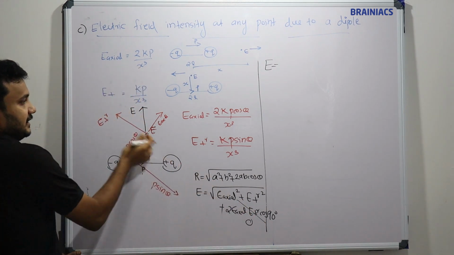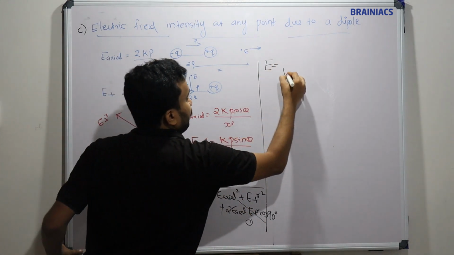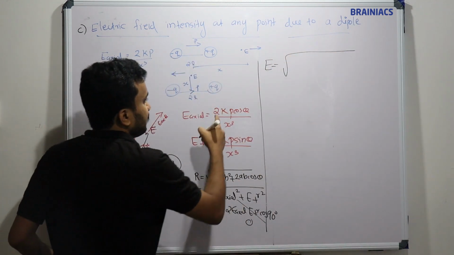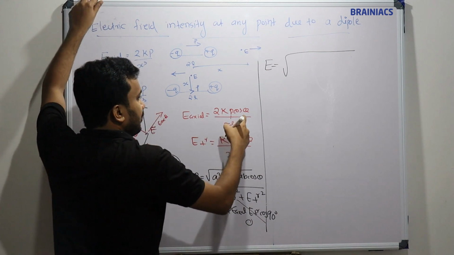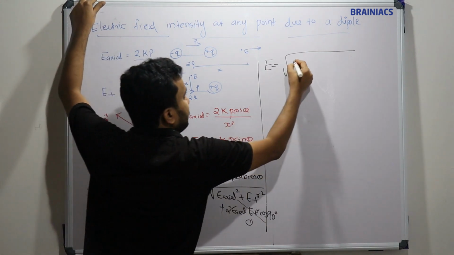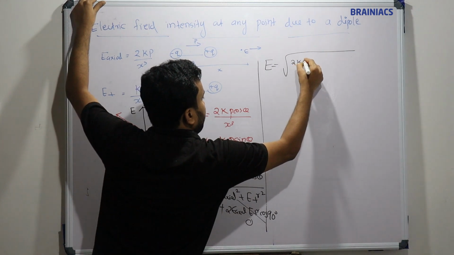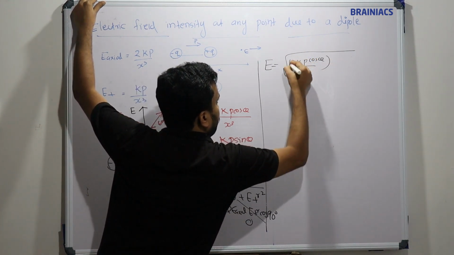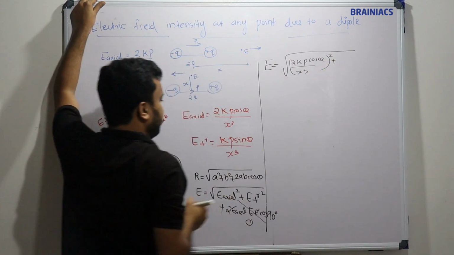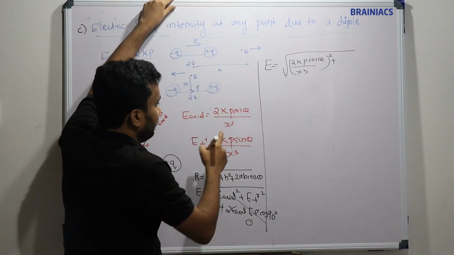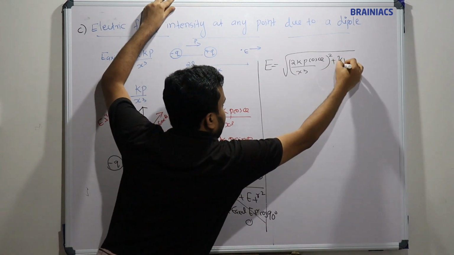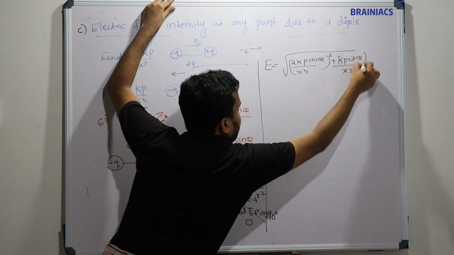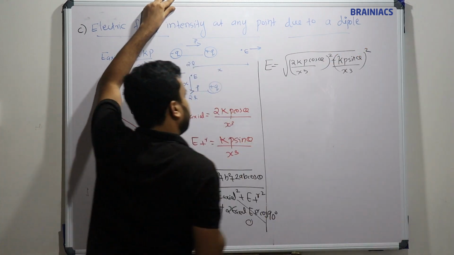What is E axial square? It is inside the square root. E axial square means 2Kp cos theta by x cube. So we can write it as root of 2Kp cos theta divided by x cube, whole square, plus we need the perpendicular electric field also, right? So Kp sine theta divided by x cube, this is also whole square.